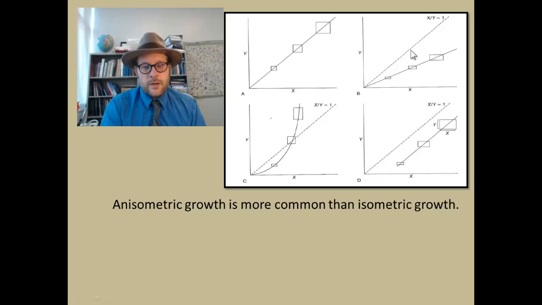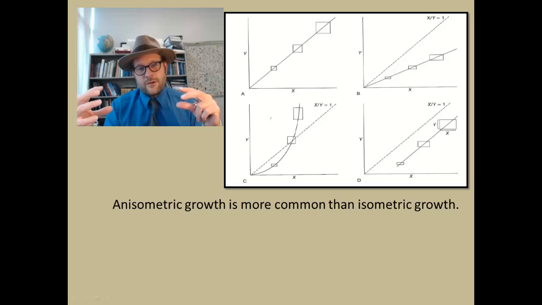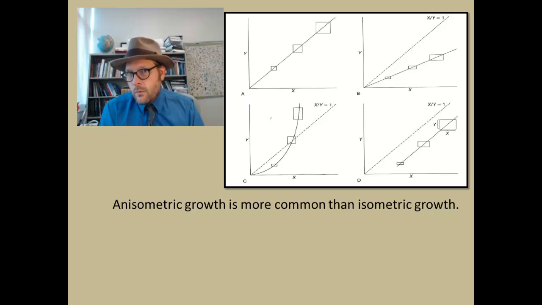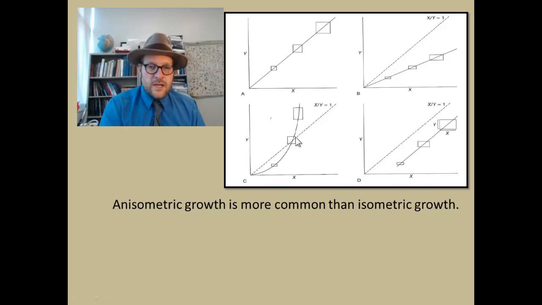But you can play around a little bit with the growth. In each of these cases, as it grows, the width is growing faster than the height, and so that leads to longer and longer rectangles as it gets larger. This might have to do with functional constraints, and I'll talk more about that in a second. But you can also see changes that happen.